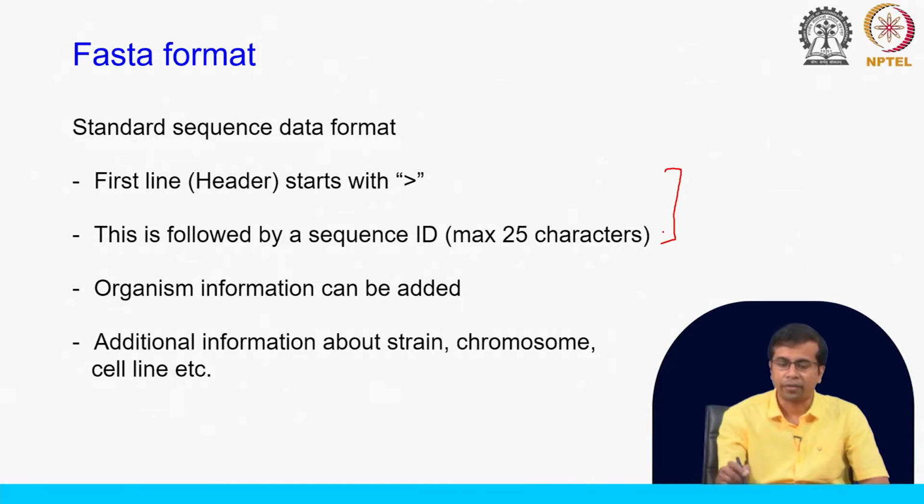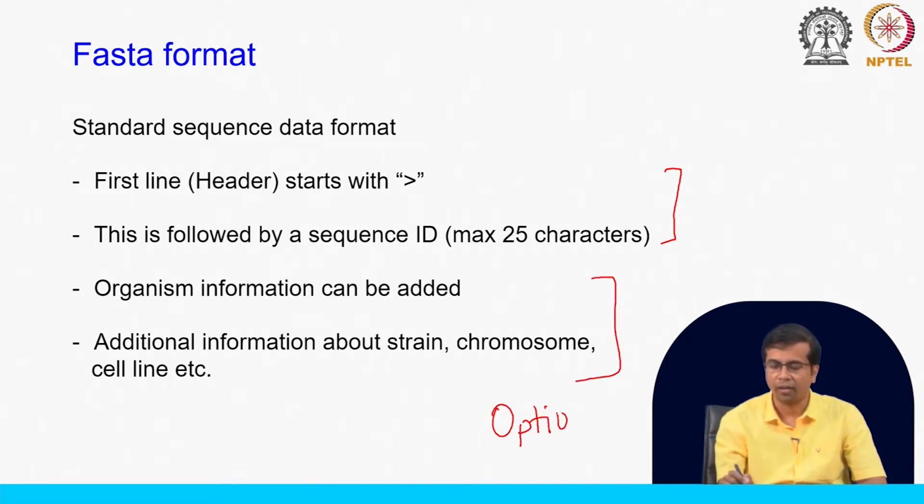The next parts, the organism information, the additional information about strain, chromosome, cell line, etc., or if you want to put something like gene information, those could be there. Okay. So, these are optional parts. In some cases you will find this information, but you will always have this header line with the greater than sign followed by the sequence ID.